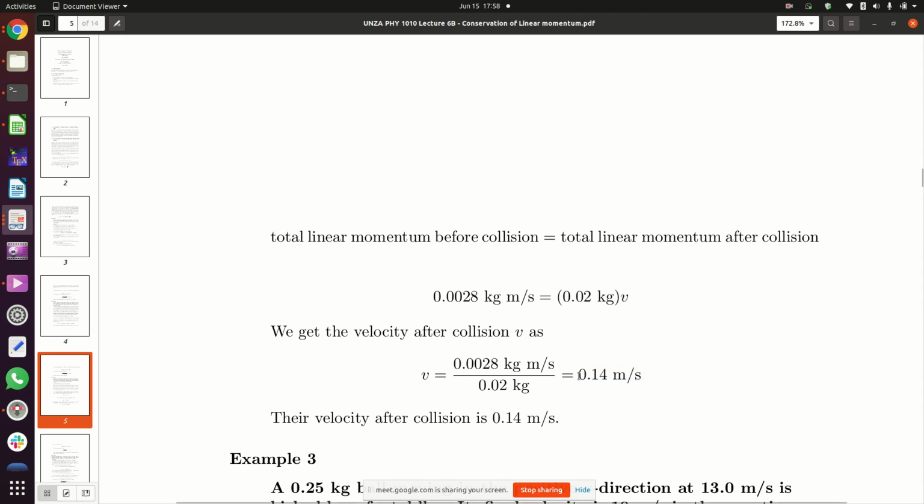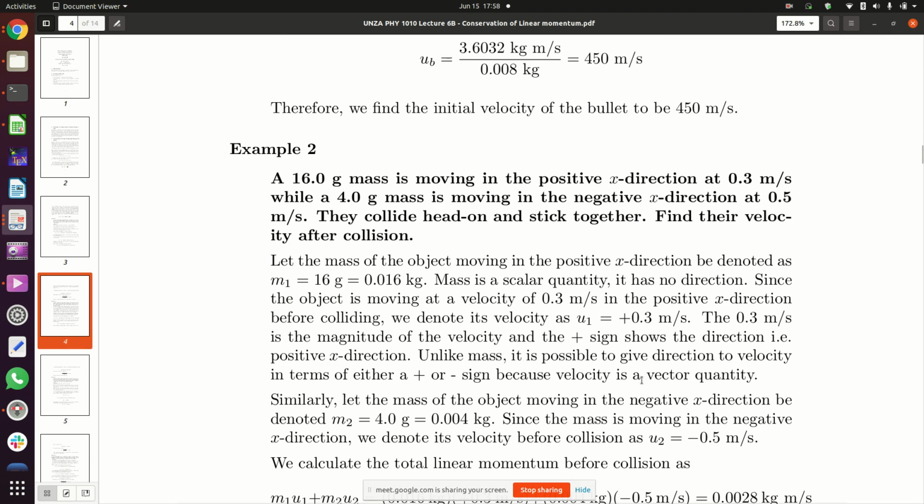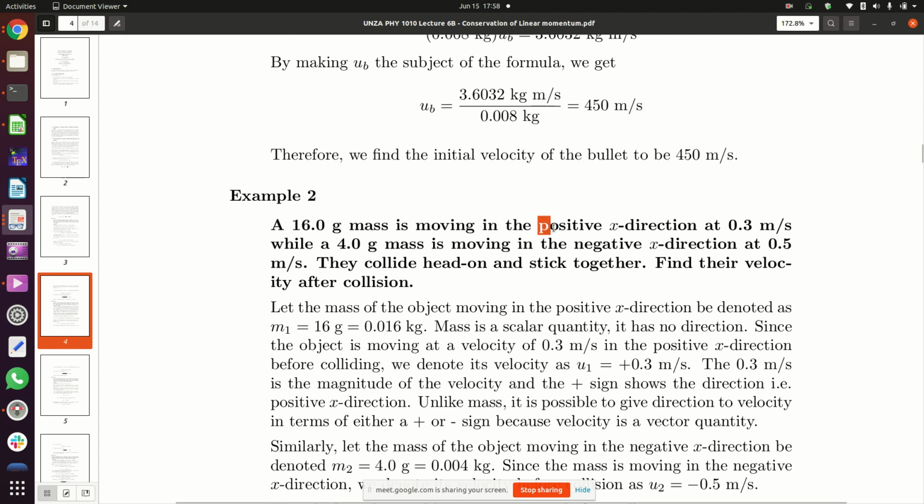This velocity is positive. That's the first thing you notice here. This V, the velocity of the combined masses when M1 and M2 stick together, is positive. This means that when they stick together, they move along the positive x direction. Are we clear?